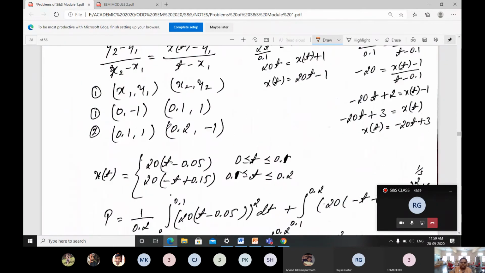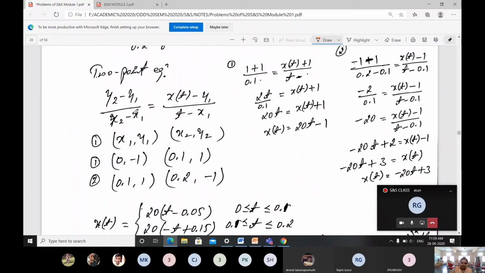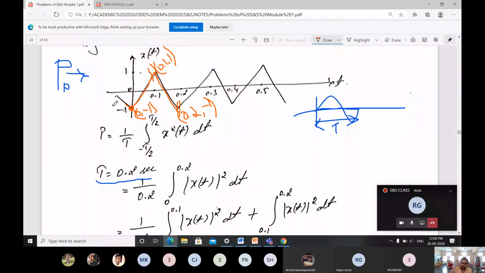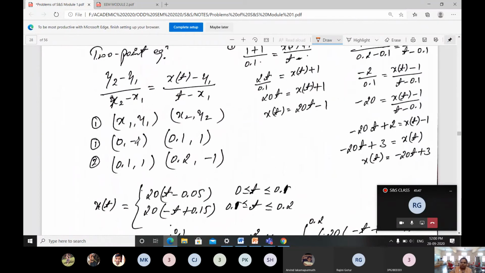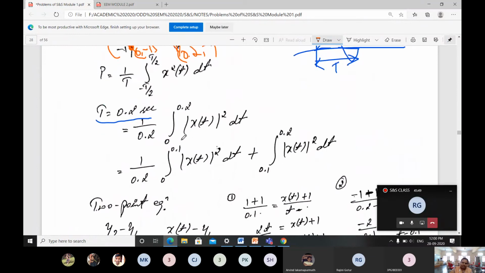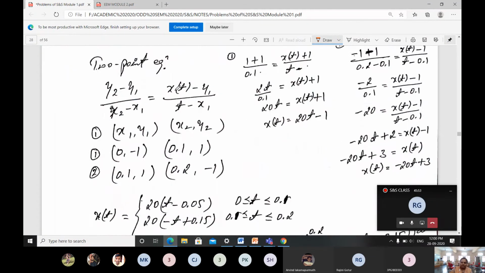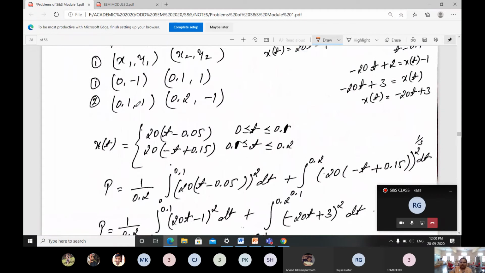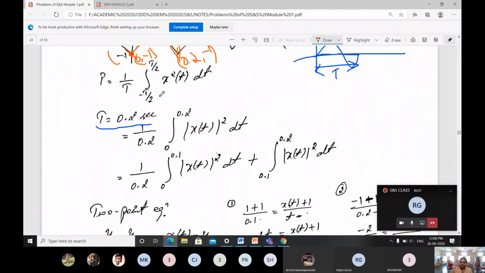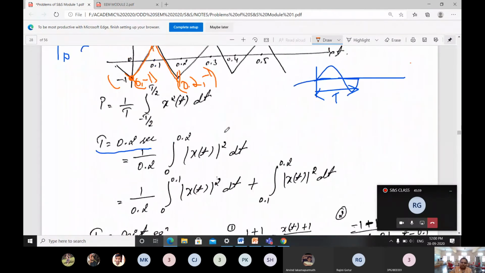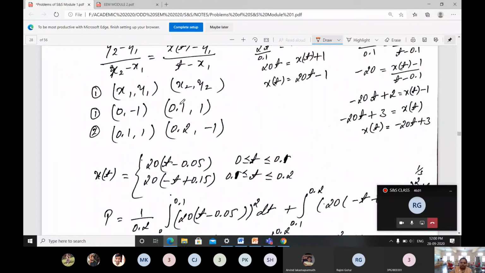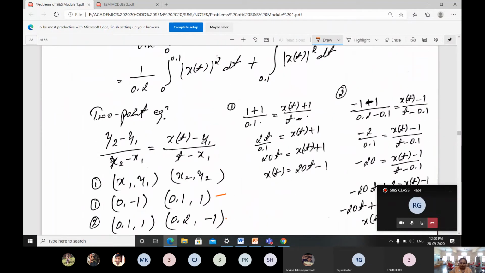Okay, that's x1 y1 for the first line, from here to here, taken as 0 comma minus 1. In the second line, I can take 0.1 comma 1 as x1 y1 and x2 y2 as 0.2 comma minus 1. The same thing here I wrote directly. Then you can use the two-point line equation.